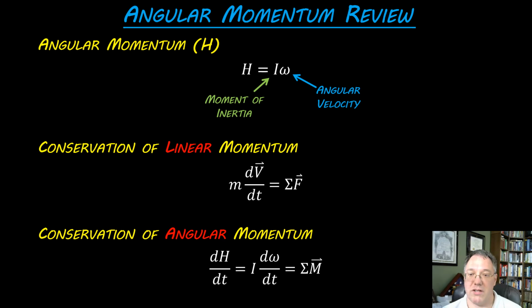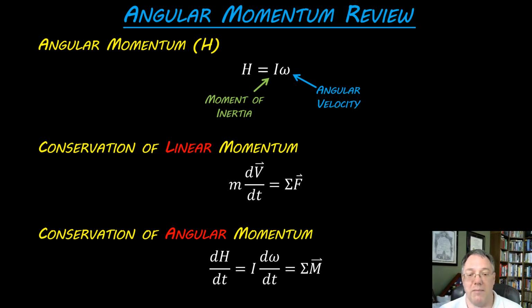All right, so it's just some review of some things that are going to come in. So if you think back to your dynamics class, what is angular momentum? All right, so we have angular momentum represented with this letter H, and it just has to do with the moment of inertia multiplied by the angular velocity, right? And if we think about our conservation of linear momentum, a mass times our linear acceleration has to equal the sum of the forces.